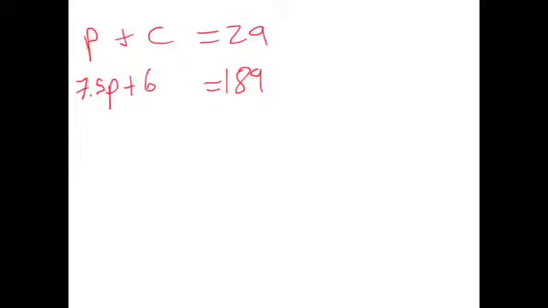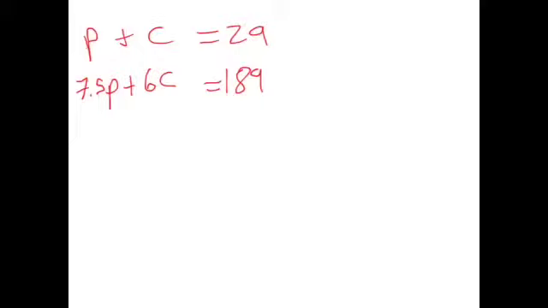And washing cars is $6 an hour, and if you take 6 times the number of hours, that'll get you how much you got from washing cars. So here's our system. It lists those constraints in numerical form and in equation form. And from this, you can solve and get an answer on how many hours you did for each.